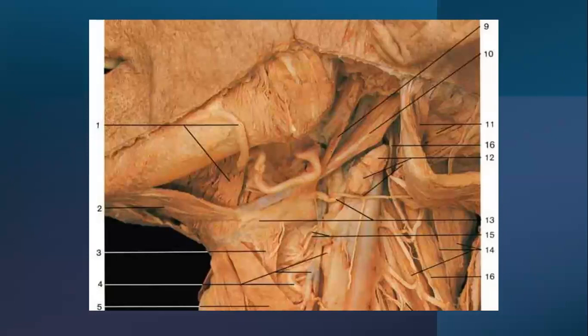Okay, so just as a recap, what are the boundaries of the submandibular triangle? So superiorly, you had the inferior border, or the inferior margin, of the mandible. Then anterior and inferiorly, you had the anterior belly of the digastric.